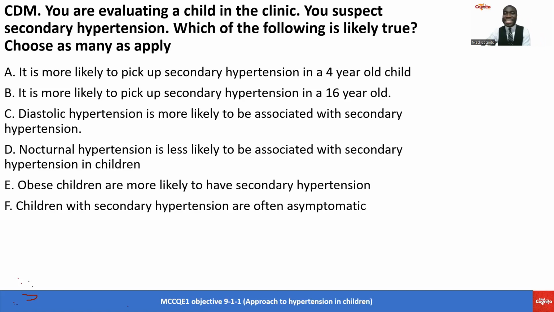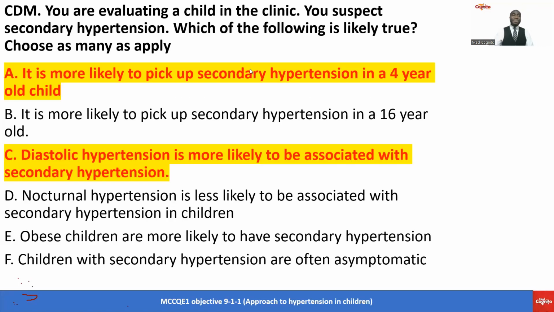Children with secondary hypertension are often asymptomatic. It's false, because with secondary hypertension, most of the time there's a cause: pheochromocytoma, Wilms tumor, neuroblastoma, coarctation of the aorta, renal artery stenosis, and all of these people may have a symptom or two. So what are our answers? Our answers are: it is more likely to pick up secondary hypertension in a 16-year-old child, and diastolic hypertension is more likely to be associated with secondary hypertension.